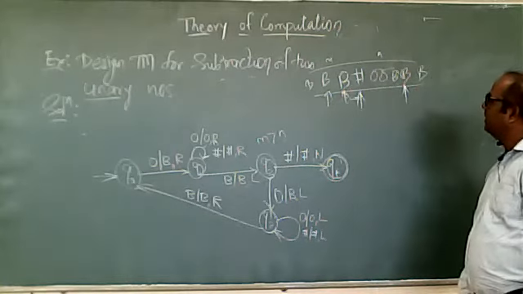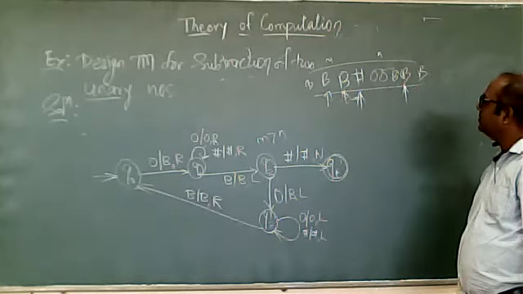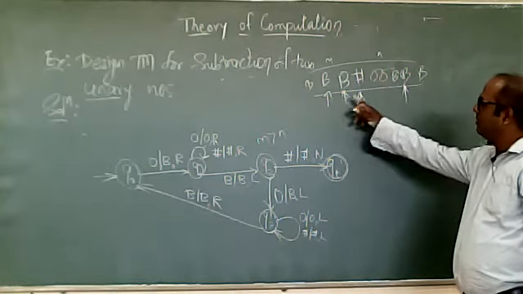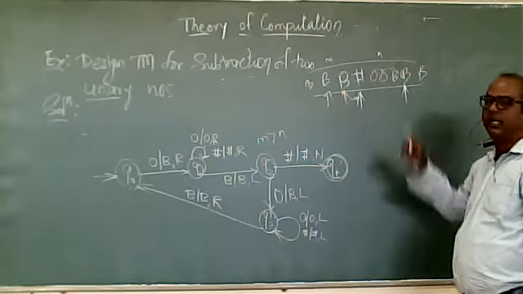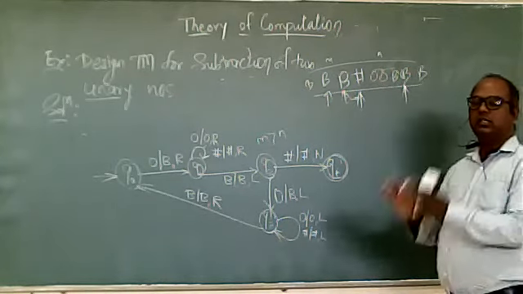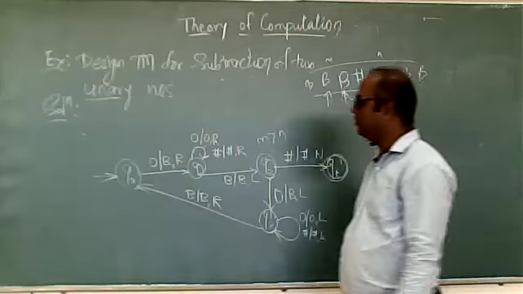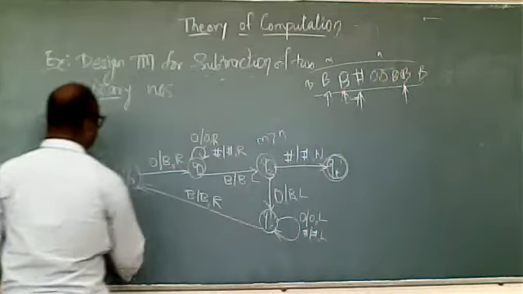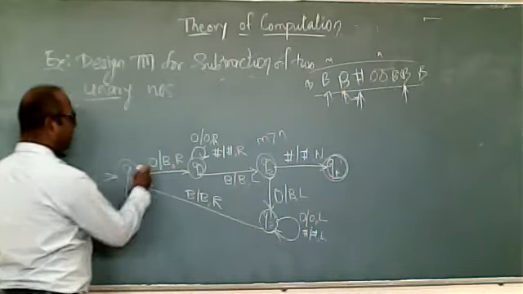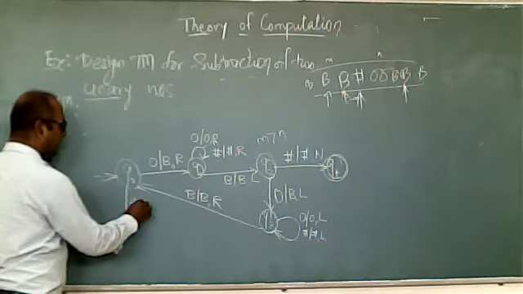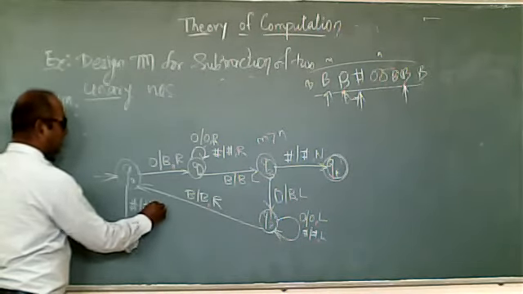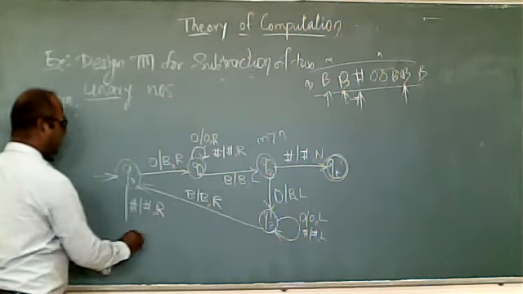Now here what are we getting? We are getting hash. After blank, we move right and get hash. What does it mean? The left hand side, the first number, is over. So hash as it is and change the direction right.